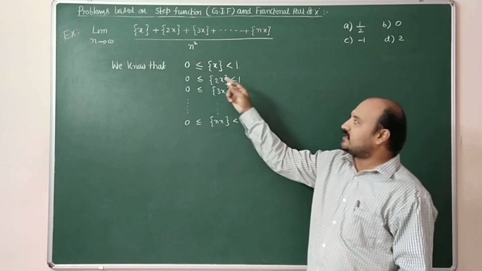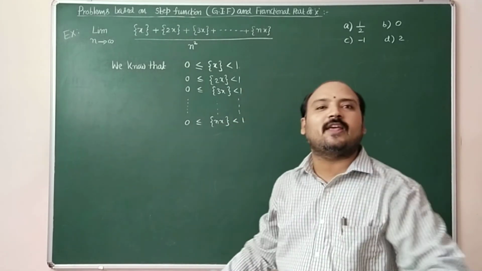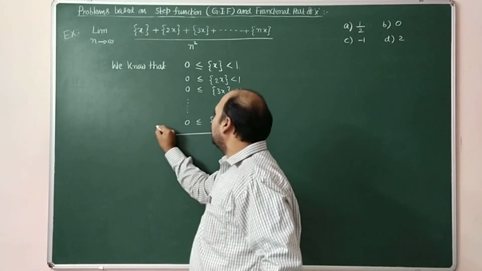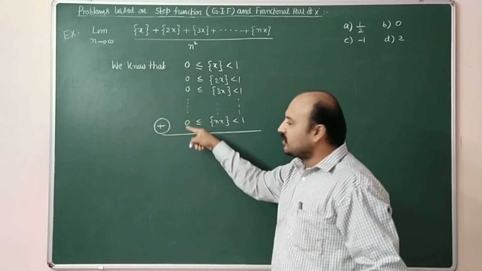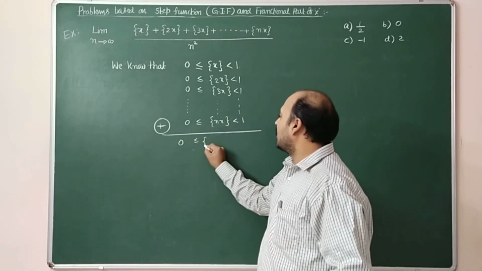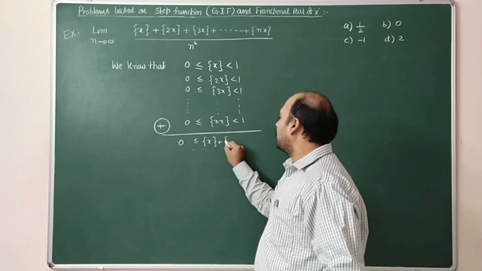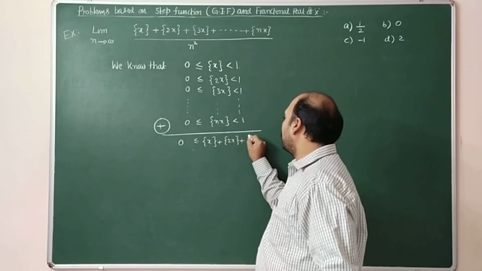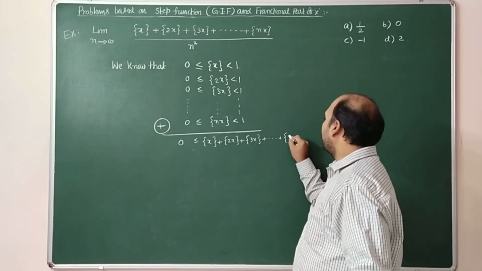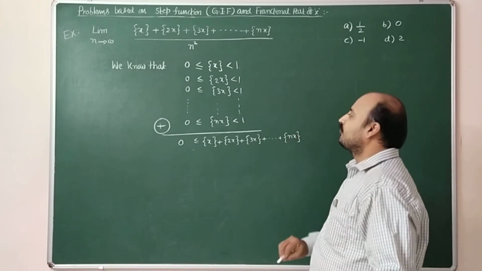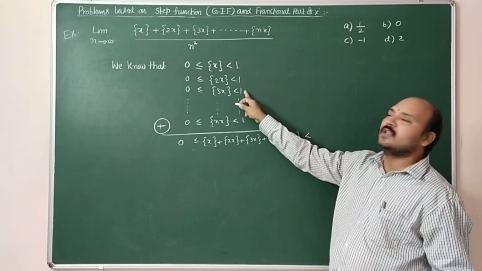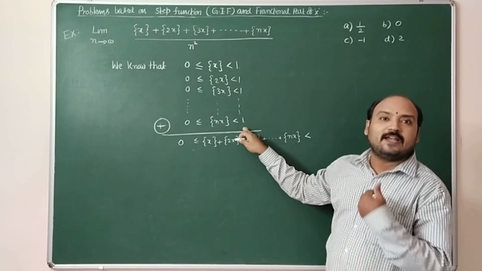So x, 2x, 3x and so on nx, n terms are there. But here it is the sum of n terms, so you have to add all these. So 0 plus 0 plus and so on n times is also 0, is less than or equal to fractional part of x plus fractional part of 2x, fractional part of 3x plus and so on fractional part of nx, is less than 1 plus 1 plus and so on, n terms are there.